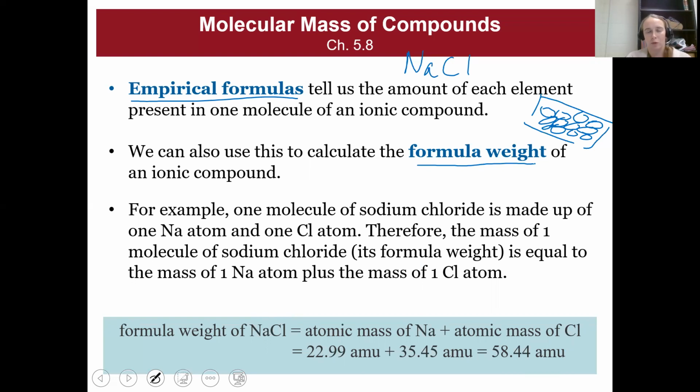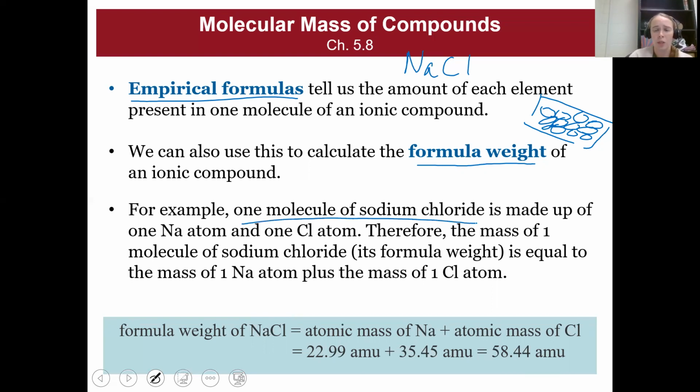Now we have empirical formulas and formula weights for ionic compounds, but they're the same thing, just called a little different because now we're using empirical formulas instead of molecular formulas. If you remember, for covalent compounds, empirical formulas and molecular formulas are different. So we want to always use molecular formulas and molecular weights with covalent compounds, and we want to use empirical formulas and formula weights with ionic compounds, but it's the same process.